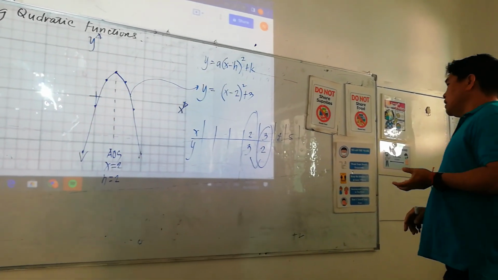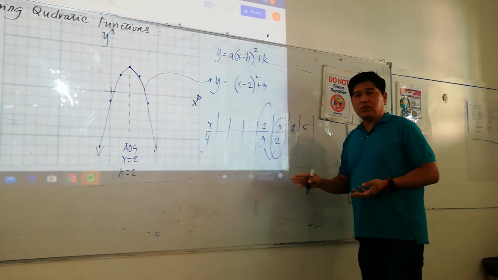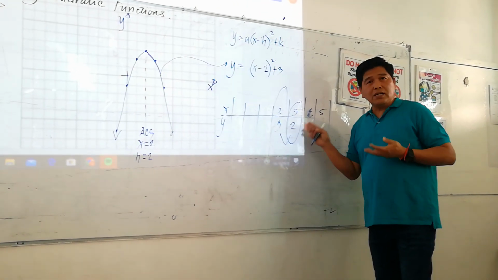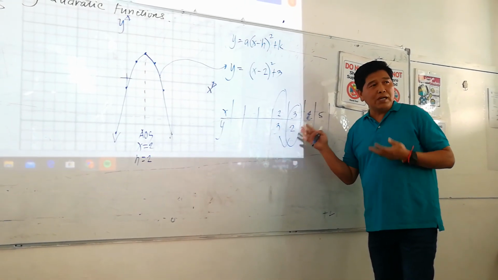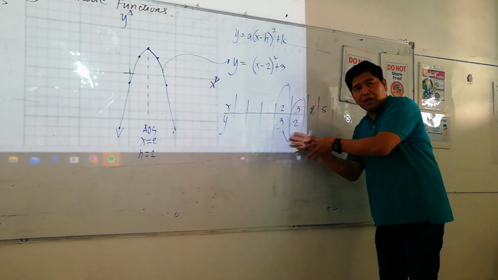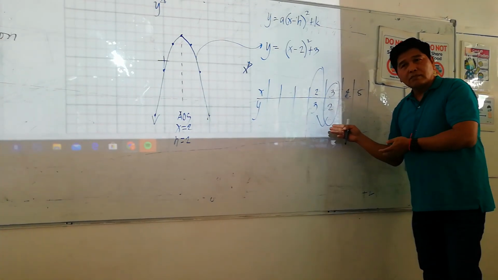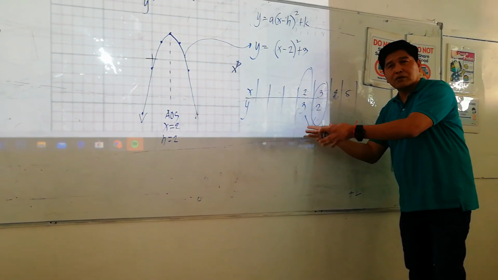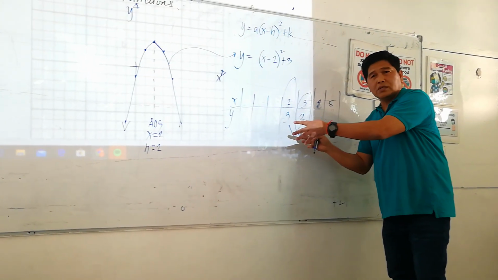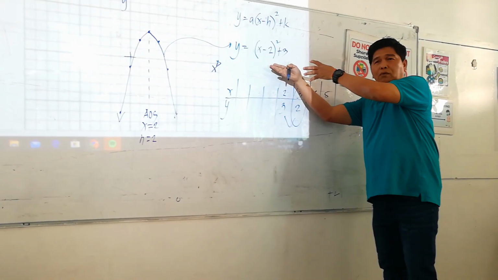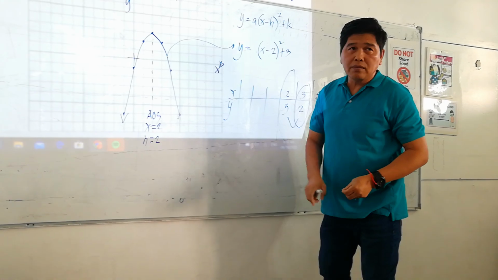Is there anything wrong with our table of values? We are focusing here on our table of values. Nothing is wrong with the table of values. What's wrong is our equation. What's wrong with our equation?